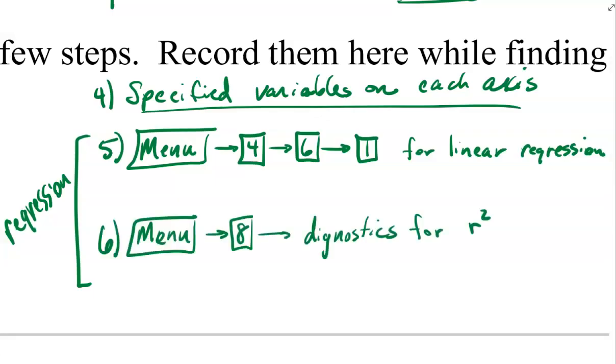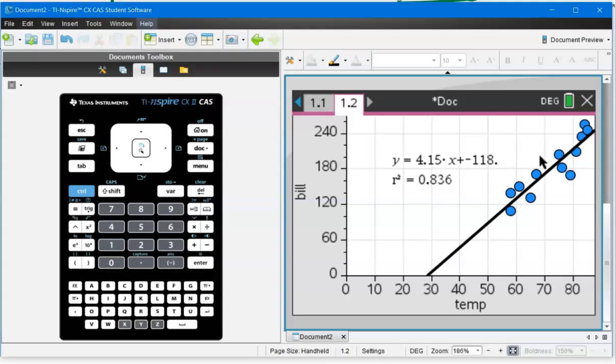Now, depending on who used your calculator last, since these are shared in the classroom, this last option may not be turned on for you. It was on my screen, but I'll show you the difference here. If you press menu 8 and choose the diagnostics option, that will display our R-squared value, and this is essentially our correlation number. So let me show you what I'm talking about.